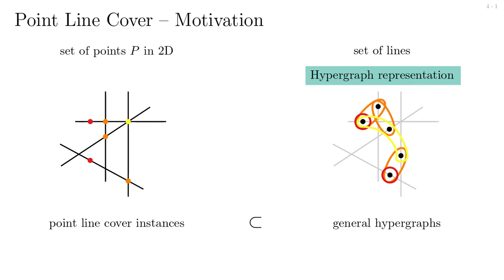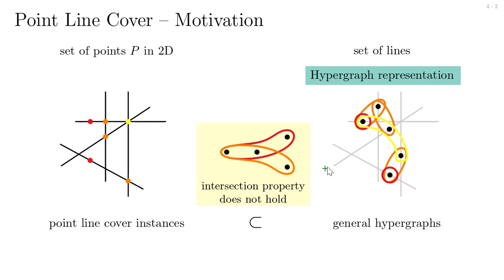Trivially, every point line cover instance can be represented as a general hypergraph. But not every hypergraph can be represented as a point line cover instance. In this small example, two hyperedges share these two black vertices.